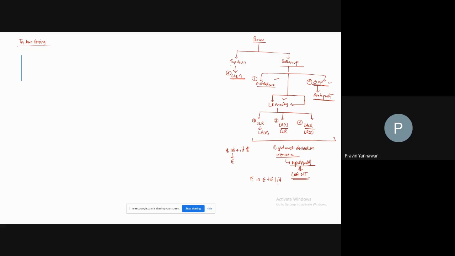So we start with id. id is pushed onto the stack, then it has to be reduced to E. Then again we get id, which is reduced to E. Then we know that E plus E is nothing but E.